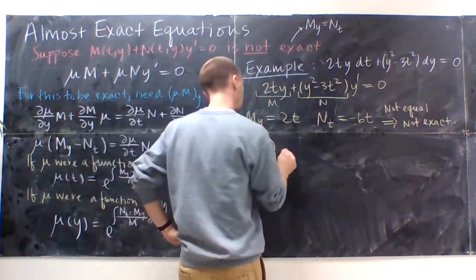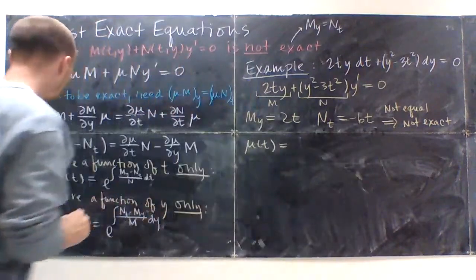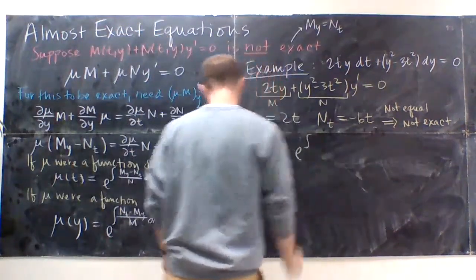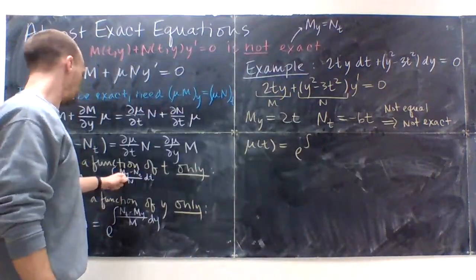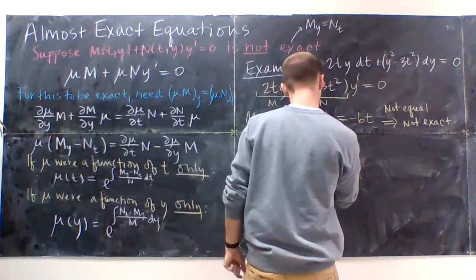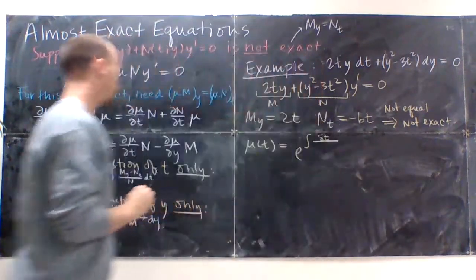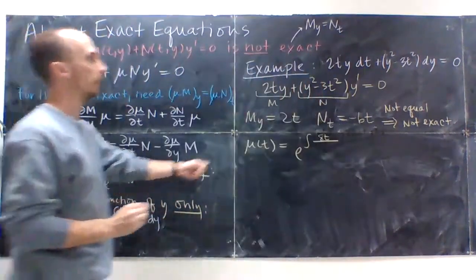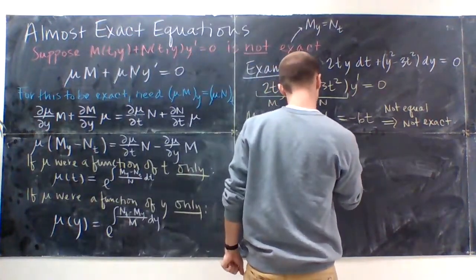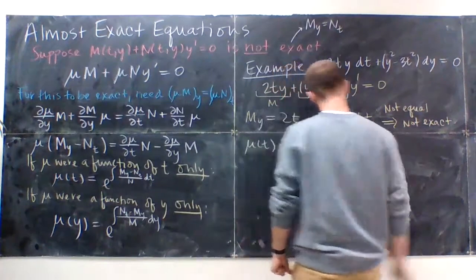If I was to use mu of t, that's going to be e to the antiderivative of my minus nt, over n. N is this y squared minus 3t squared, dt.